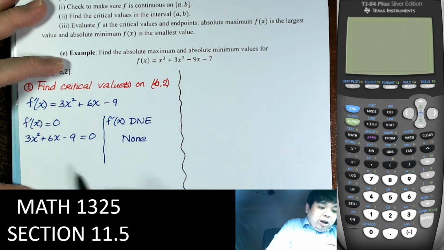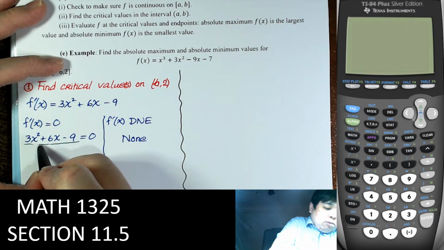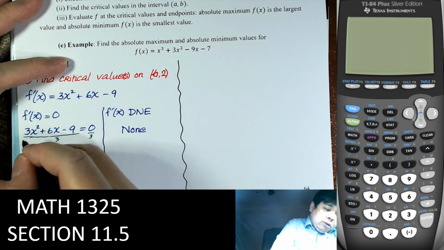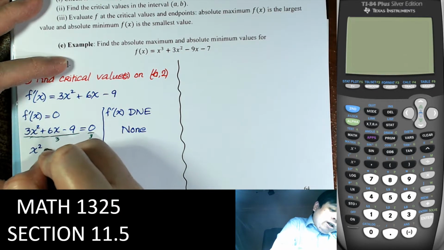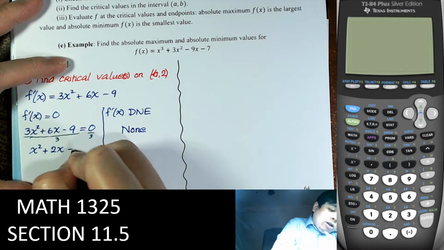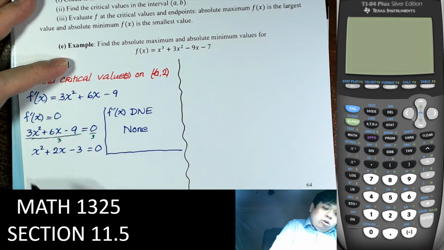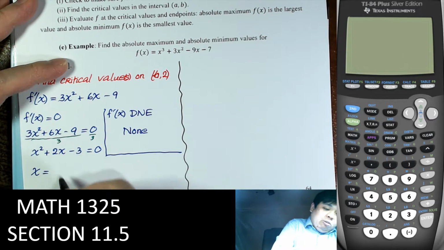Right, we divide everything by 3. So x squared plus 2x minus 3 equal to 0. I'm just going to use the quadratic formula here, even though I can factor that one easily.